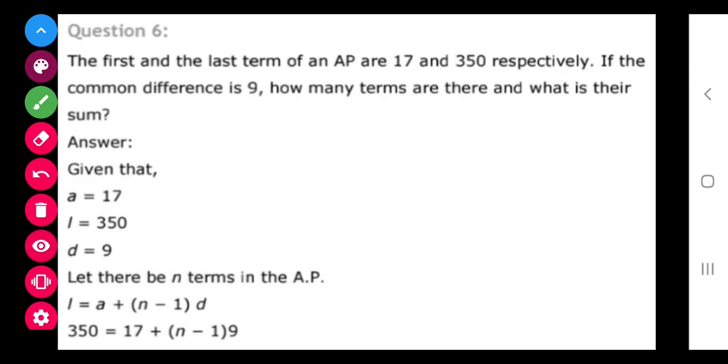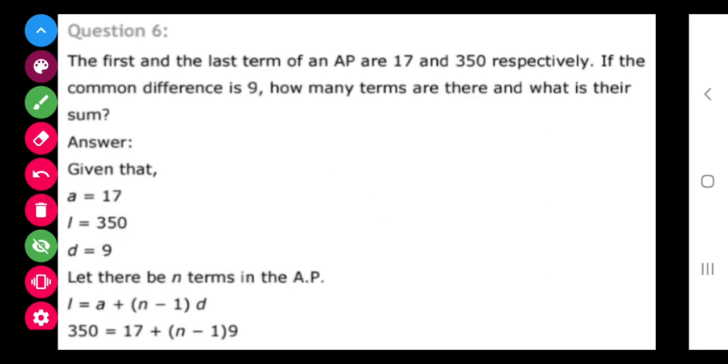So for getting the value of n, we will use this an formula. They are indicating it everywhere as l, and l and an are the same thing. So class, in the an formula, an is given as 350. L and an, again and again I am repeating, you have to make up your mind that L and an are the same thing.